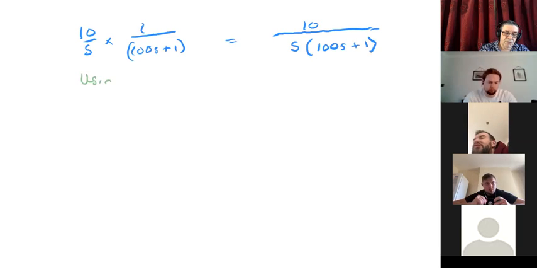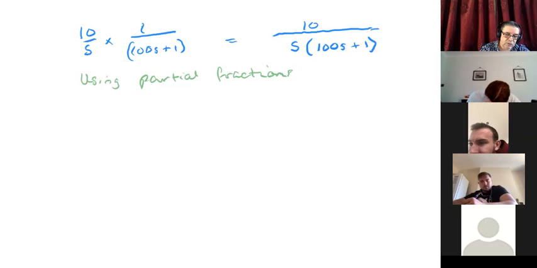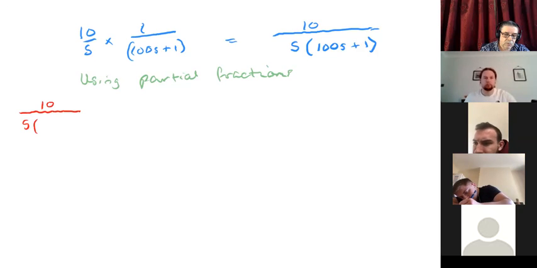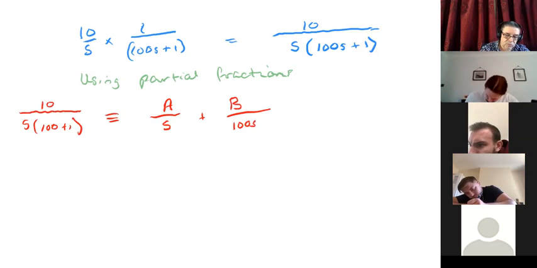Using partial fractions. Remember them? I don't know how to do it. Well, we're now going to reintroduce you to that, Peter. What we can do with partial fractions is say that this expression 10 divided by s times 100s plus 1 is equivalent to, and then we write A over s plus B over 100s plus 1.